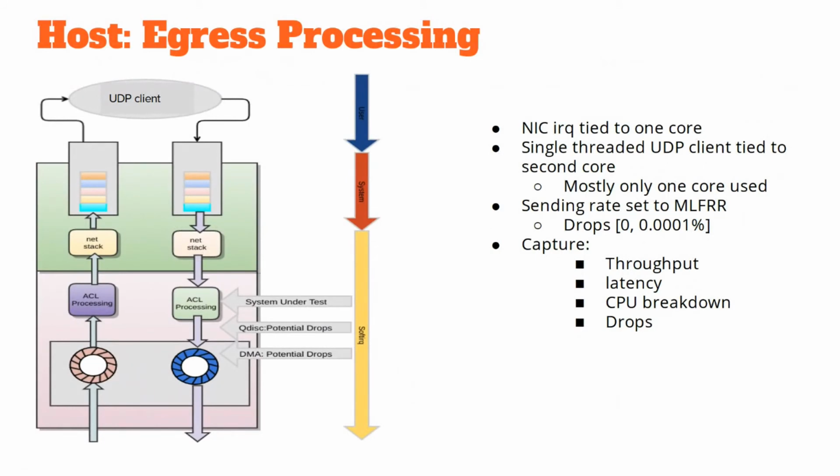Now, for the Egress side, again, just a reminder that the ACLs would run here. Same setup as the Ingress. We had the IRQ for the port that was being used on essentially one of the cores, and the other cores bound to the application.